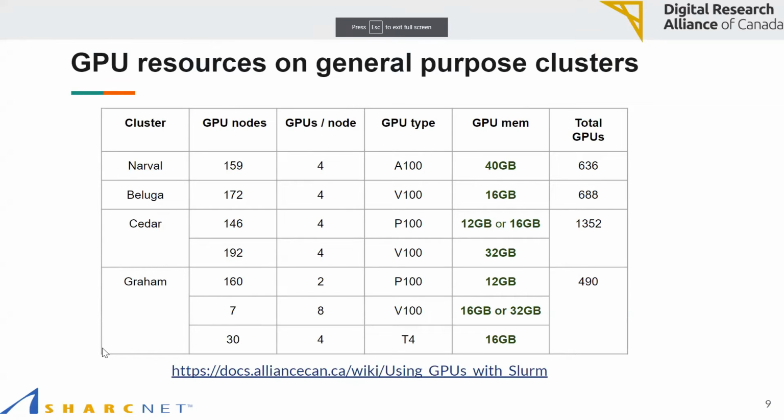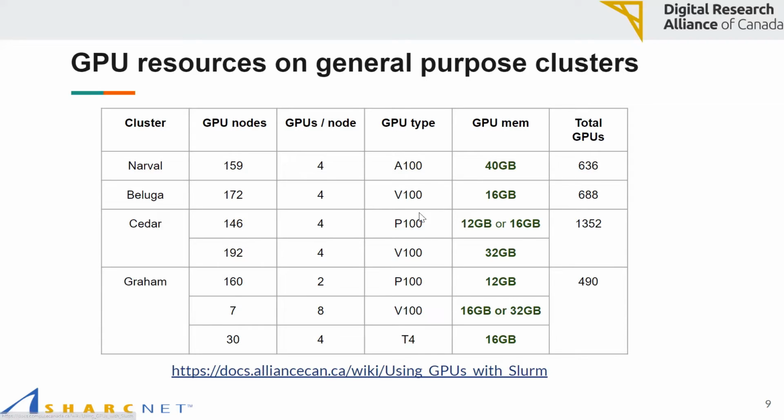Yeah, here is a table listing the GPU resources on each of the clusters that you can use. So here is the total number of GPU nodes on each of the clusters, and this is the number of GPUs on each GPU node on a cluster. Okay.